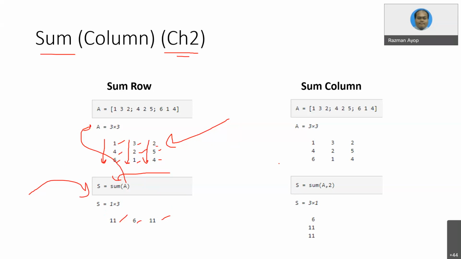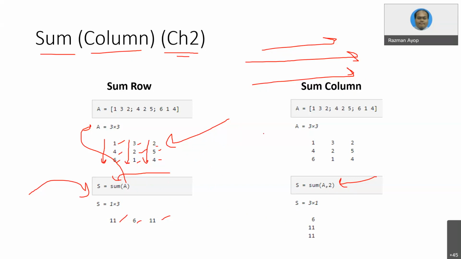Okay, it's basically just summing vertically. But if you want to sum by row, means that horizontally, if you want to sum something like this, you have to use this code. Okay, you have to put comma and 2. If you use just sum, it will sum it vertically.